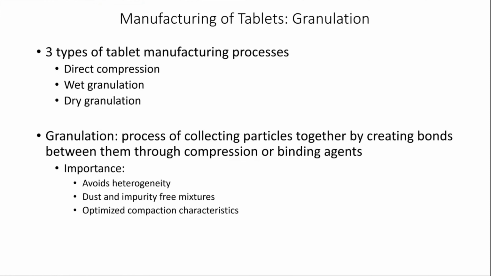The important thing to know is that we want to avoid heterogeneity, which is difficult. If we have a tablet that has multiple solid components that we're mixing together, you can imagine we have to mix them very, very well, more mixing than we would for liquids.